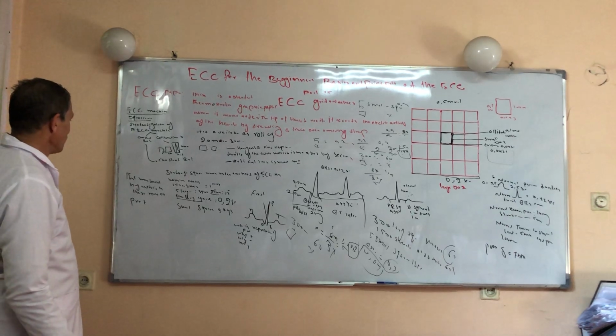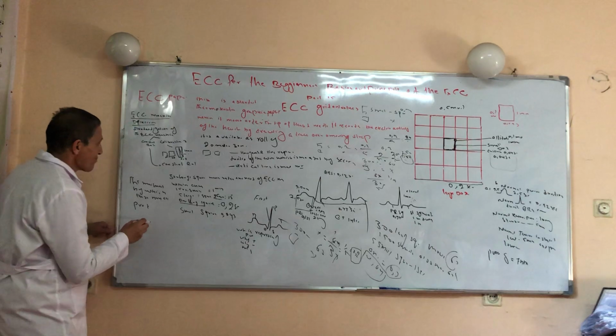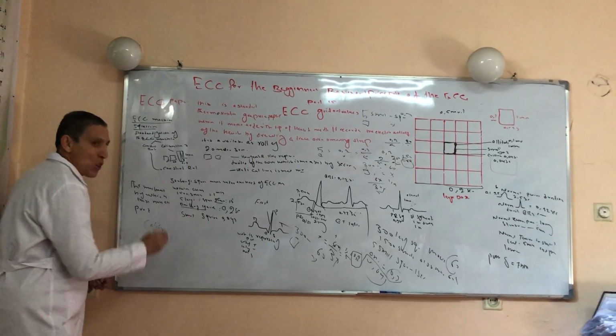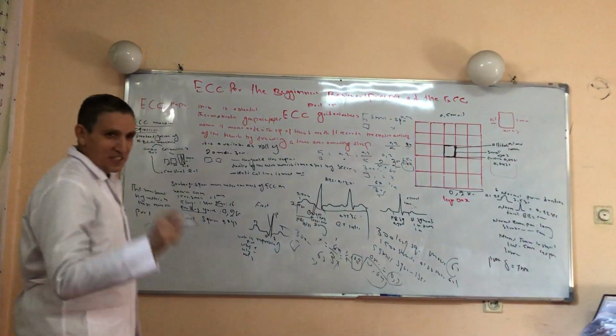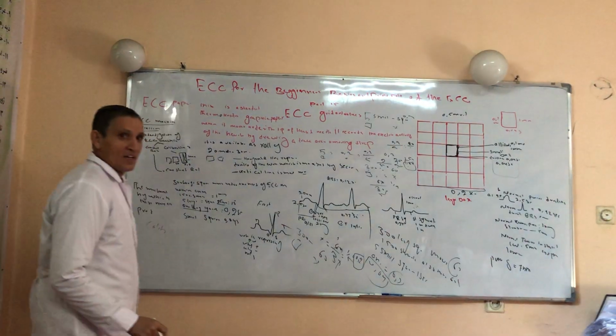Another one is the calibration signal. What does calibration signal mean? Calibration signal is defined as a standard signal of 1 millivolt.